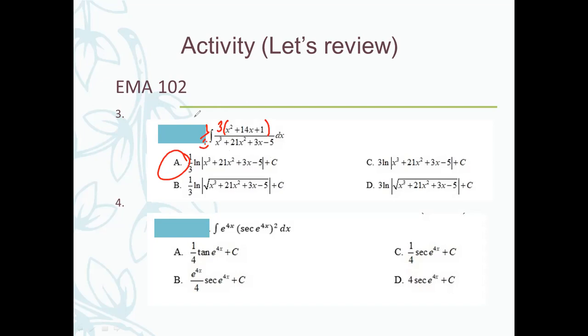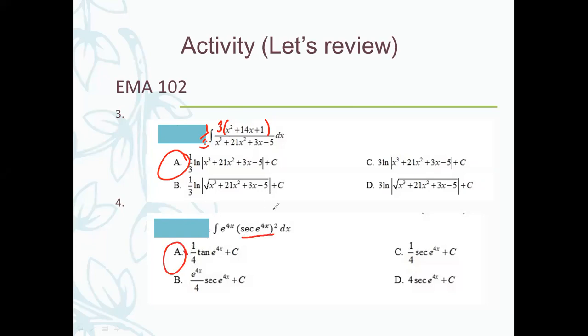So the answer is A. What about number 4? Number 4 is A. Bobby. Okay. Bobby made a typing mistake. So your number 4 is letter A.